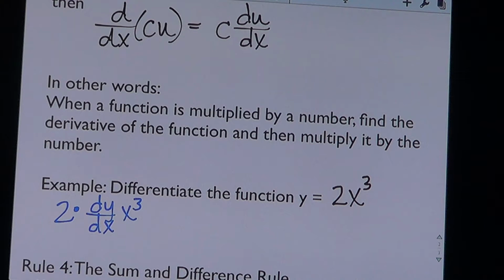So what is the derivative of x to the third power? Using the last rule, the power rule. 3x raised to 2. Yep. That's exactly right. So the derivative of this would be 6x squared.